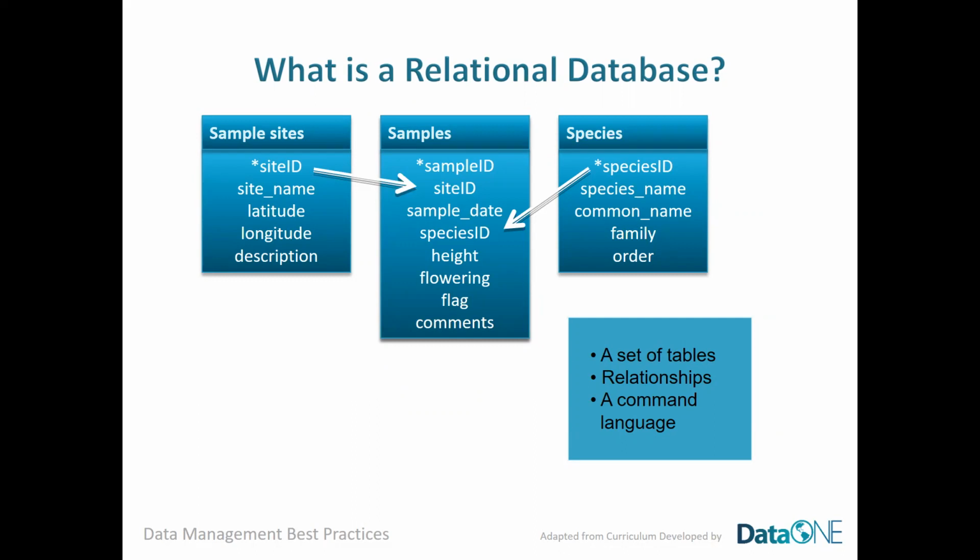A dataset consists of a list of tables, and each table has a defined relationship with another table or tables using a common piece of information called the primary key. Databases also have a powerful command language for querying and manipulating information called Structured Query Language, or SQL.